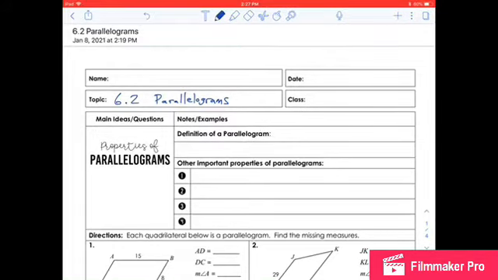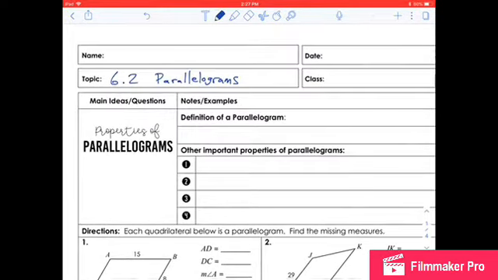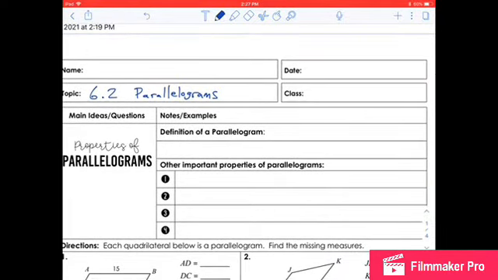All right, geometry, we are moving on to section 2, which is talking about parallelograms. This is just another type of polygon, but more specifically, a parallelogram is a quadrilateral, which means it has 4 sides, but it's a quadrilateral with both pairs of opposite sides parallel.